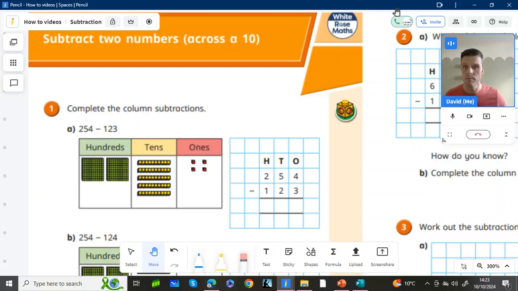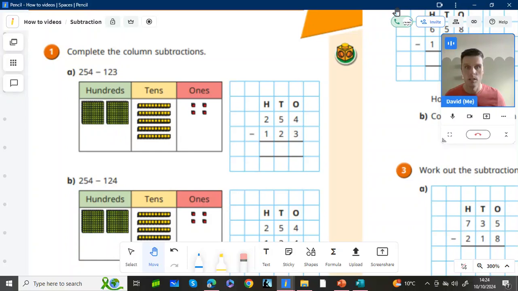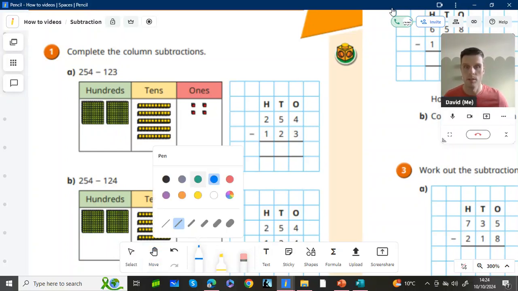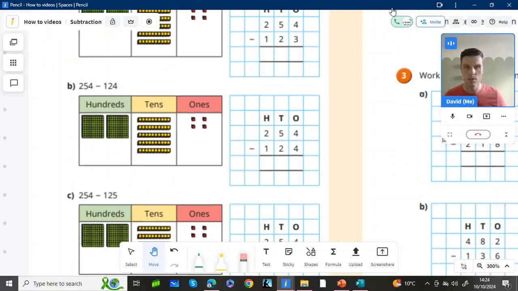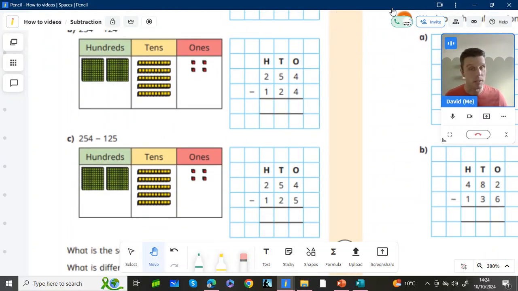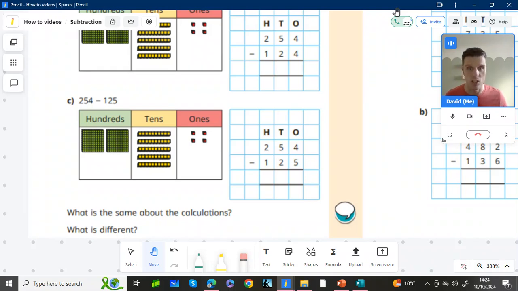So for question 1, 254 take away 123. Actually, I'm going to go through C because, I'll give you a clue, the other two parts don't need an exchange. So I want to show how to do the exchange.